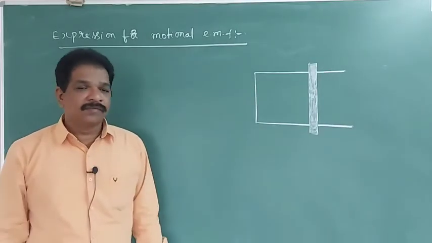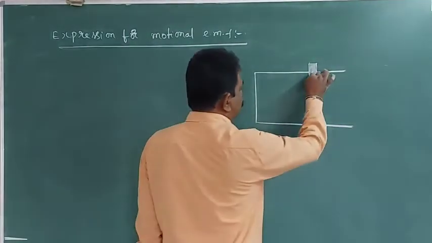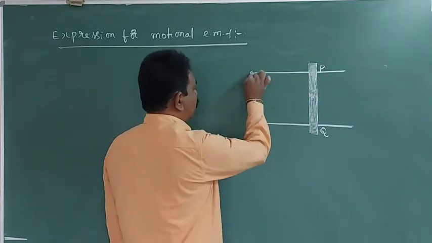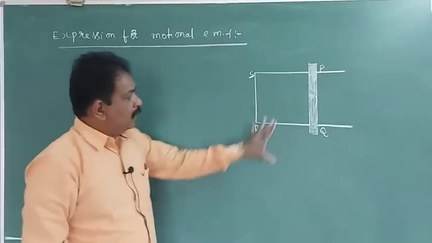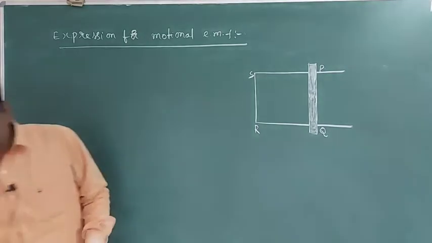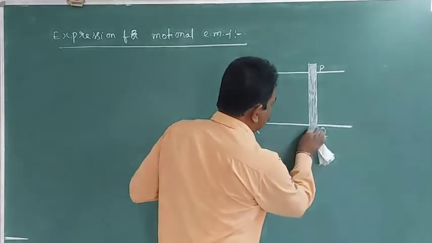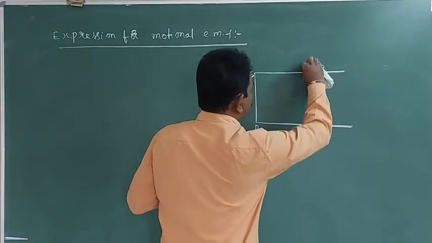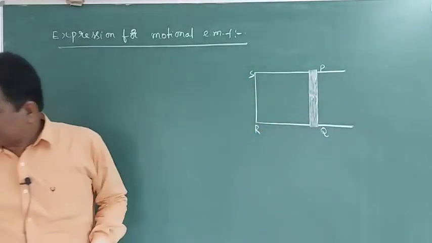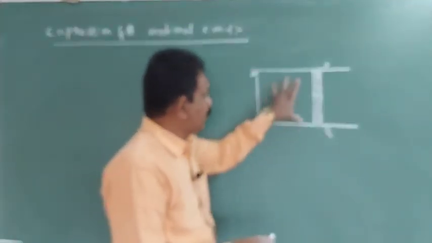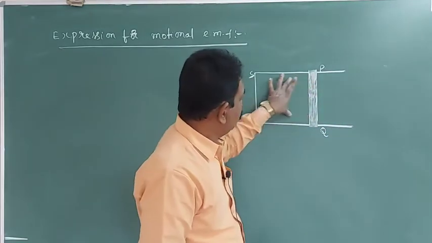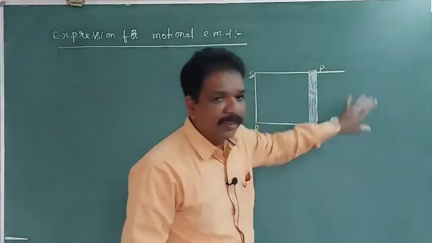I am assuming these points are P, Q, R, S. For your understanding I am drawing this portion very close. This conductor can be movable on this U-shaped conductor. Understanding? We can move like this, we can move like this.